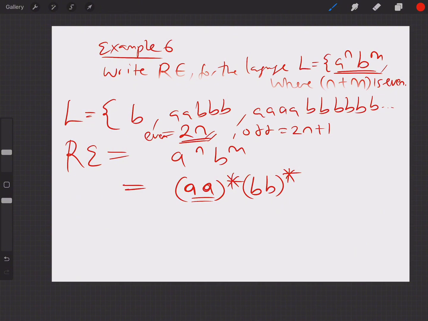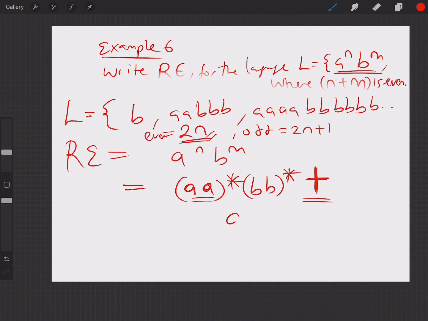But then we can also have a combination of odd numbers. So we are going to have the OR, which is a union here, not an addition. So how do we represent odd numbers in a regular expression? Remember that odd numbers start from at least 1. So we already have 1 occurrence of a. Now 1 plus 2 is what? 3. 1 plus 2 plus 2 is what? 5. So we can see that when we add 2 to 1, we increment odd numbers.